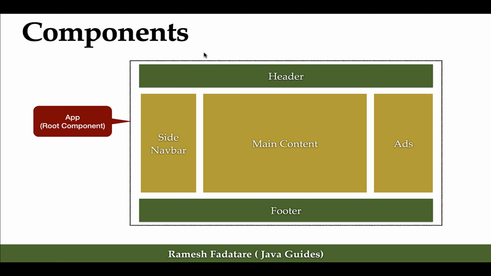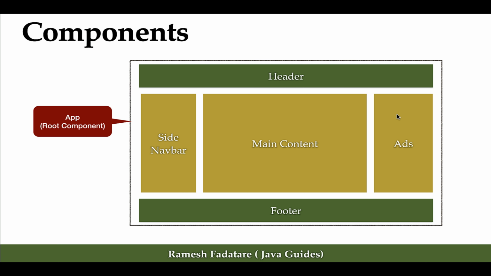Notice I have mentioned a component is reusable. Reusable means we can use the existing component as many times as we want in a React application. For example, we can reuse the side navbar component as a left side navbar or right side navbar. We just have to change the information and properties; the rest of the code remains the same. Next, components can be nested inside other components.